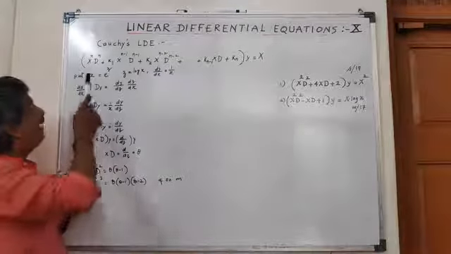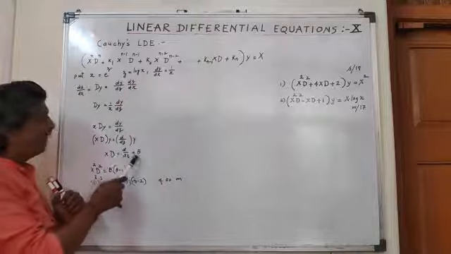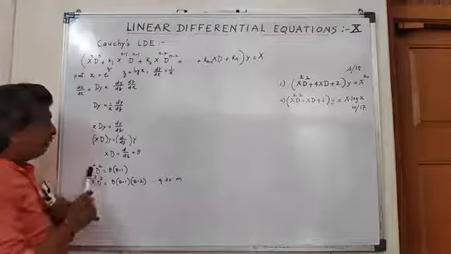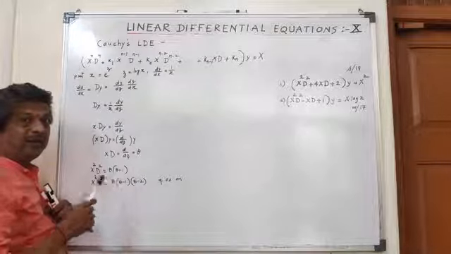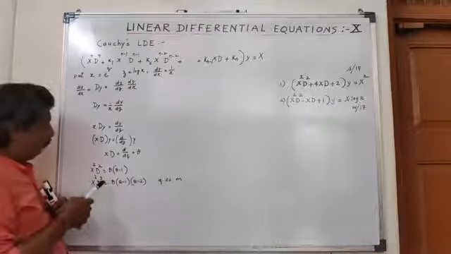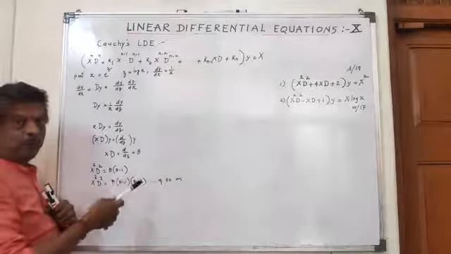So instead of xD I put theta, instead of x square D square I put theta into theta minus 1, instead of x cube D cube, theta into theta minus 1 into theta minus 2.